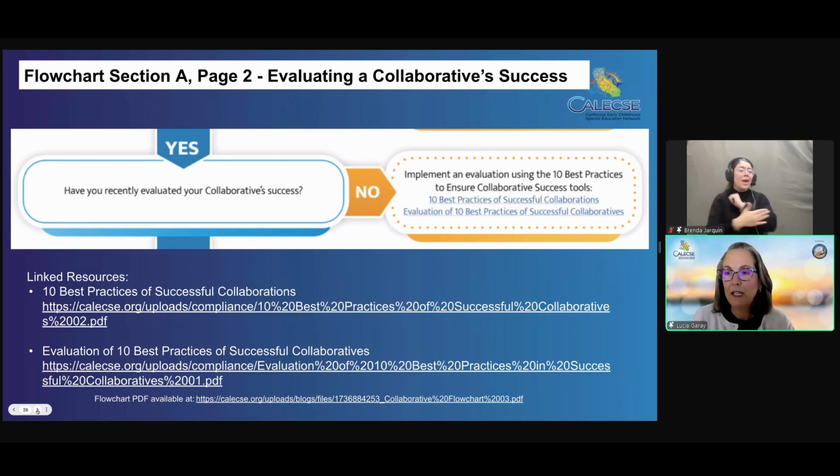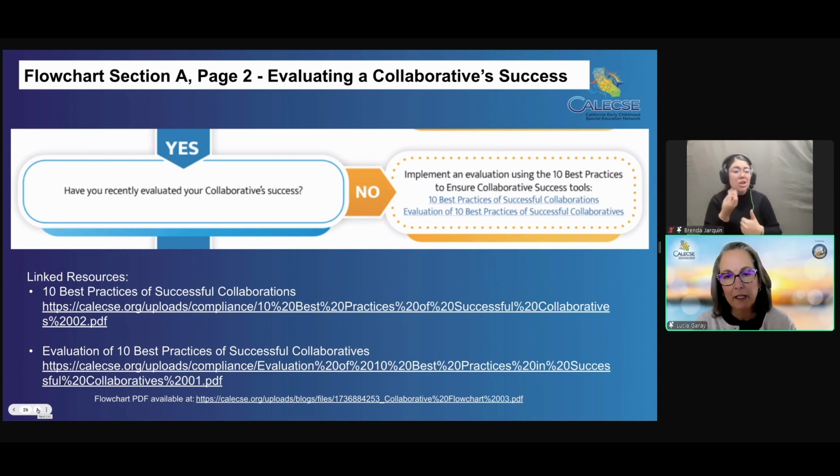So how do we evaluate the collaborative success and our continuous growth without focusing on the negative? Most of us will just keep doing our work until something comes up, and it's usually a negative experience between staff working across agencies, or a negative experience for a family.